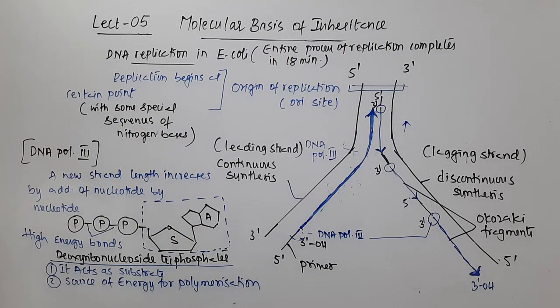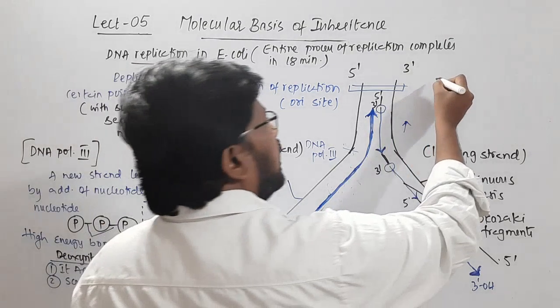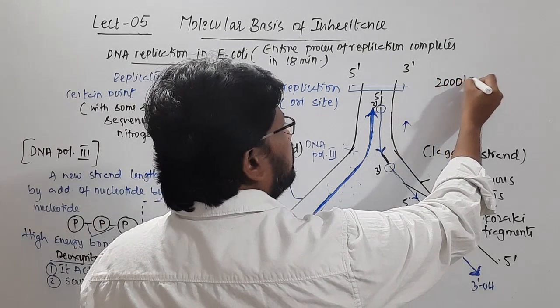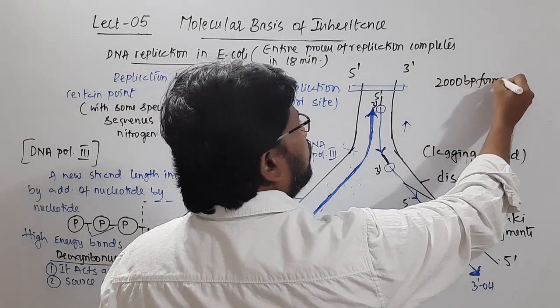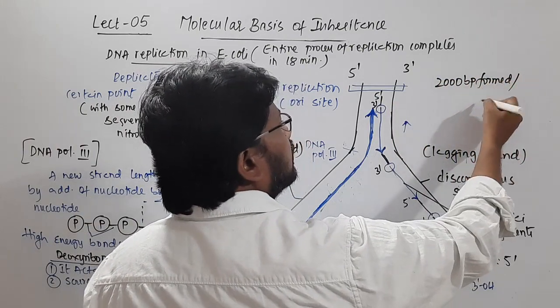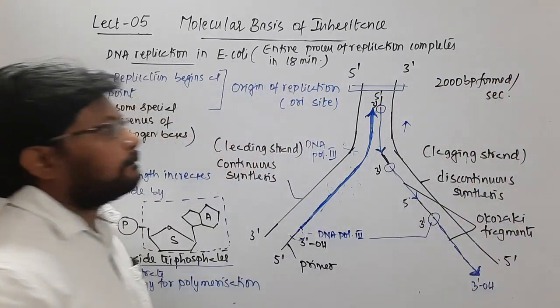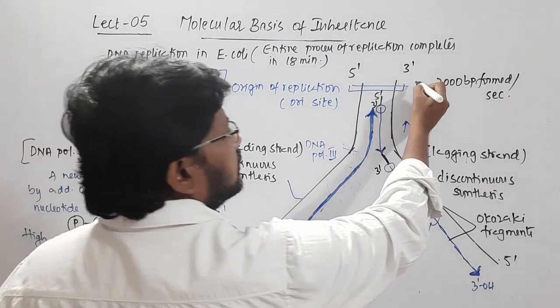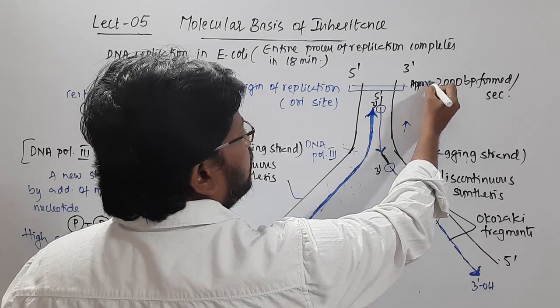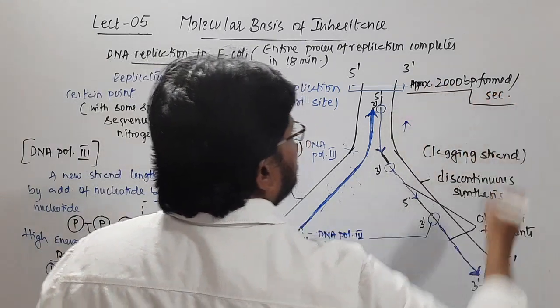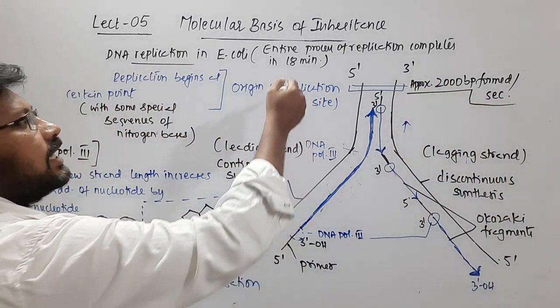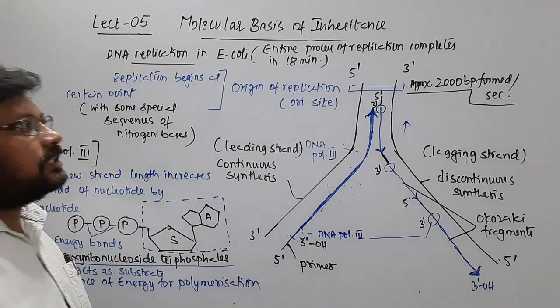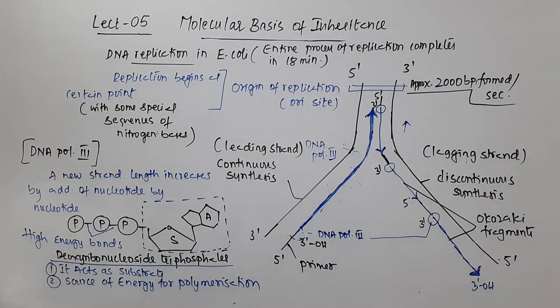It means that in this case there are approximately 2000 base pairs formed per second. The entire process of replication in E. coli completes in 18 minutes.